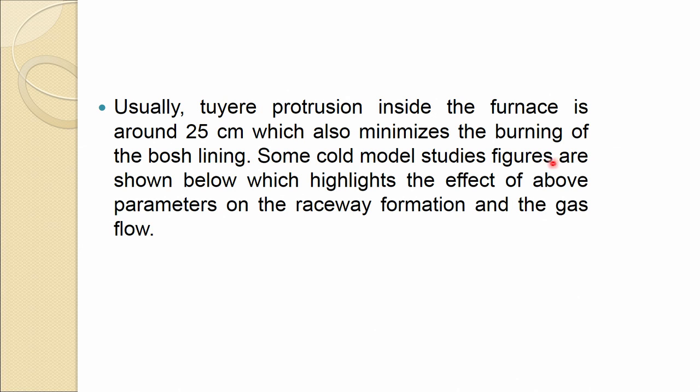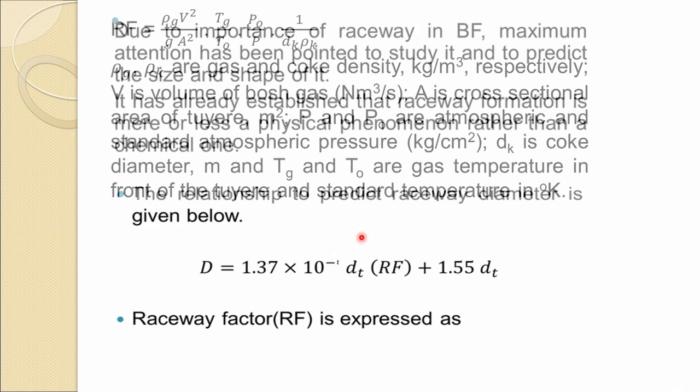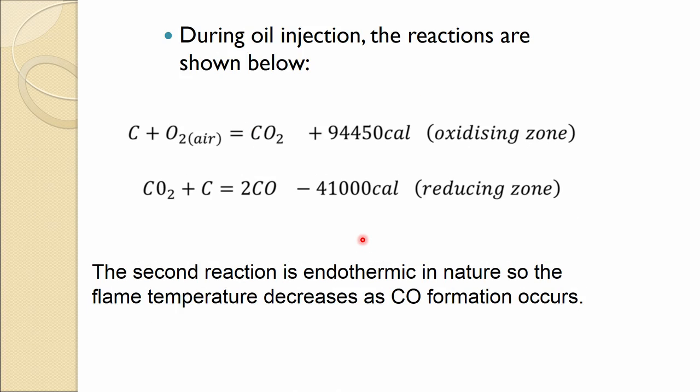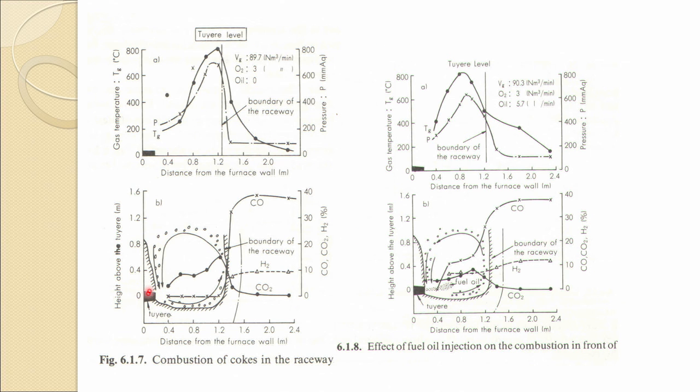Some cold model study. Now, I am not sure whether you are understanding this Tuyere protrusion. This figure I will explain to you the Tuyere protrusion. So, this is actually the furnace wall. This is a Tuyere. This is called the Tuyere protrusion.